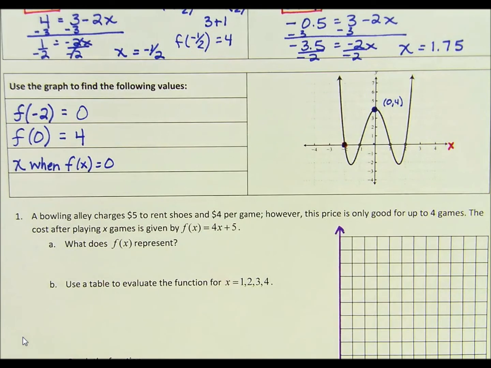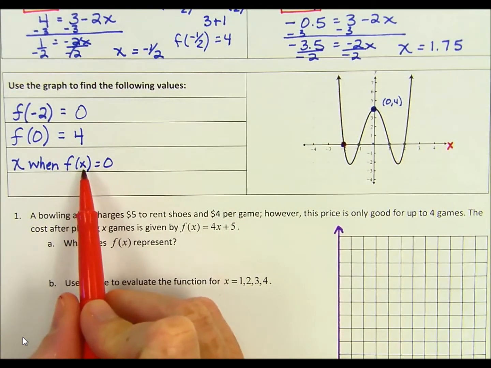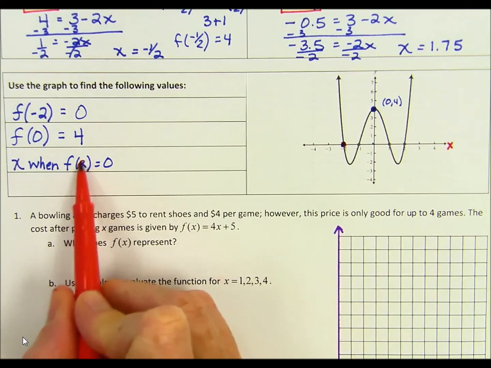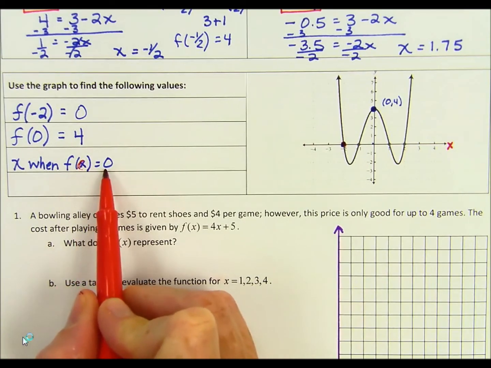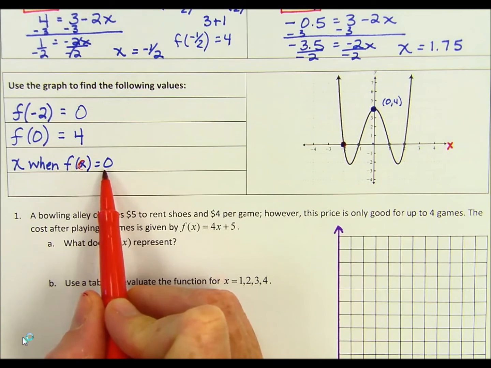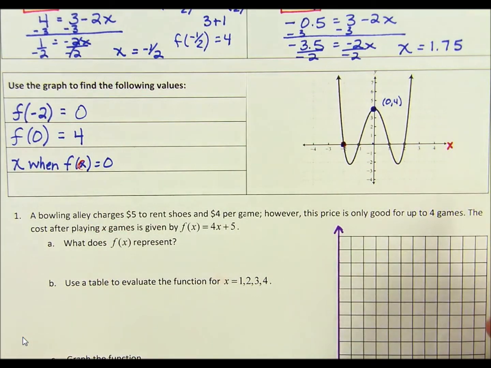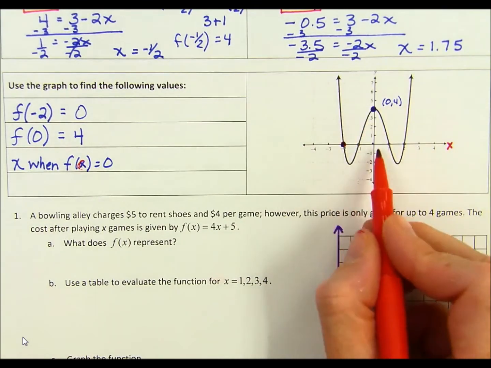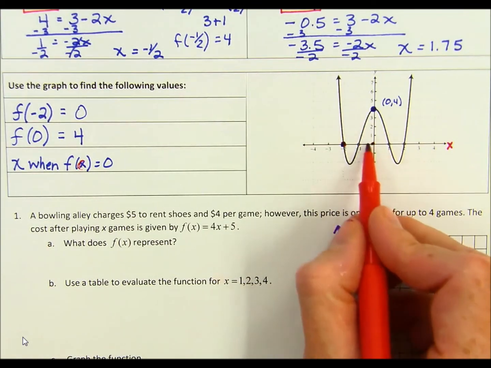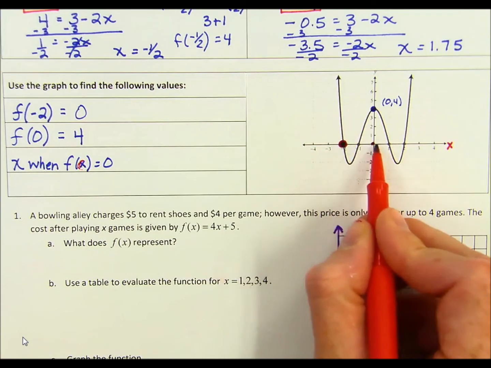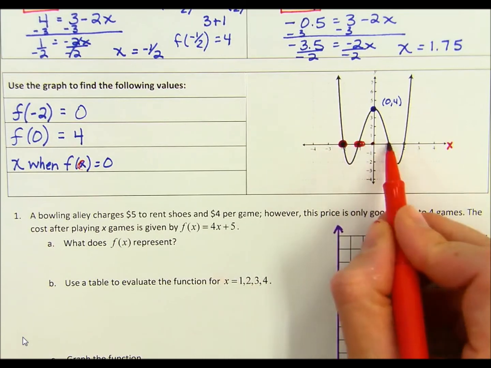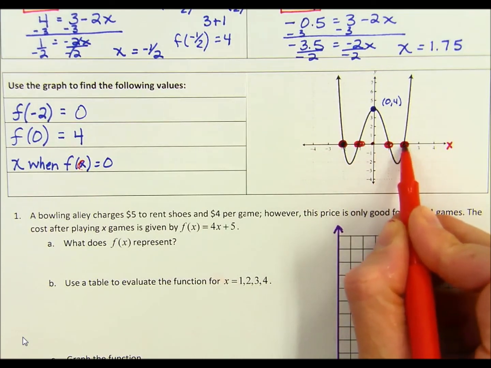Now, let's stop and think about what this notation is asking you to do. This is asking you to find the input that gives you the output of 0. So, as we look at the graph, here's the input, and the output would be along this line. Well, here is 0 on the line. So I have a 0 output here, here, here, and here.